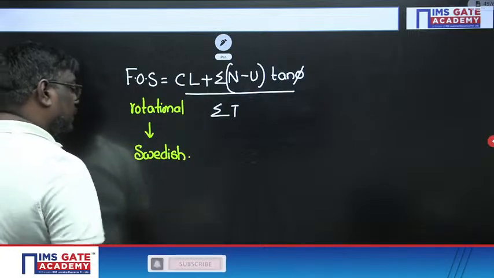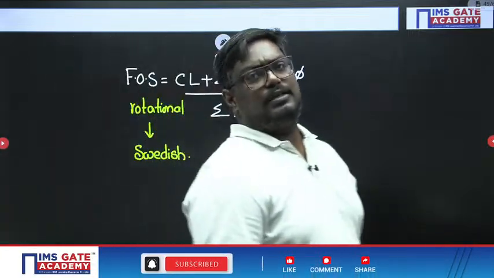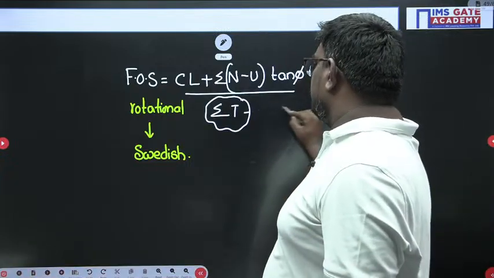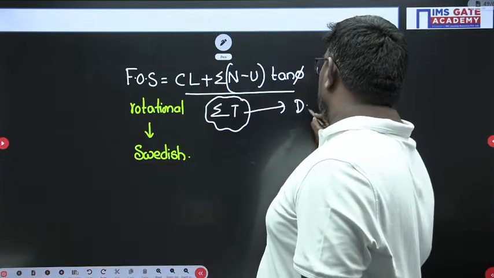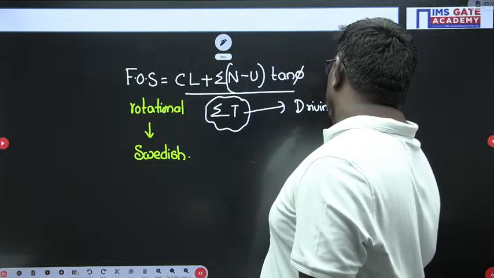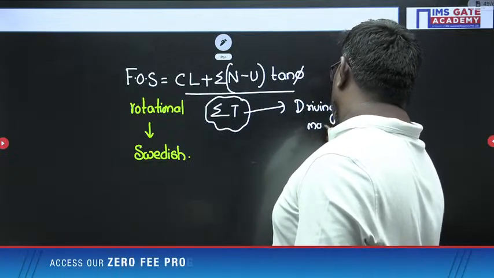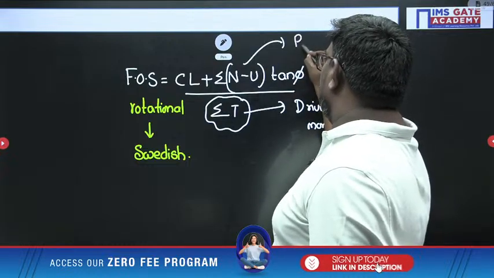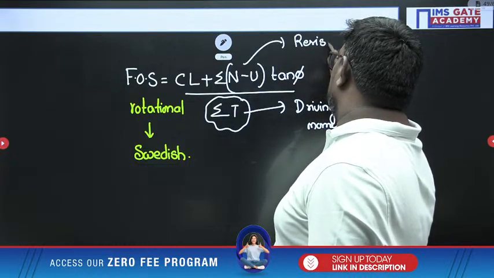The important observation here, students, is that the sum of the tangential forces is only responsible for the driving moment, and the normal forces are responsible for the resisting moment.